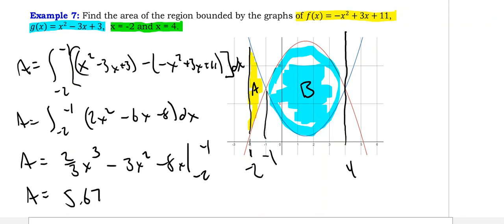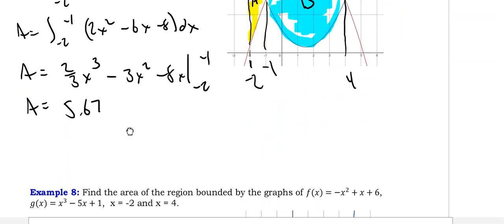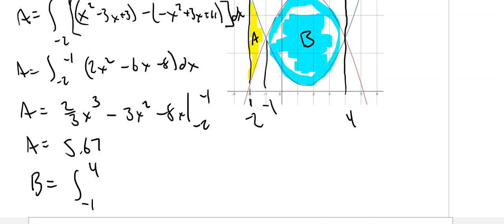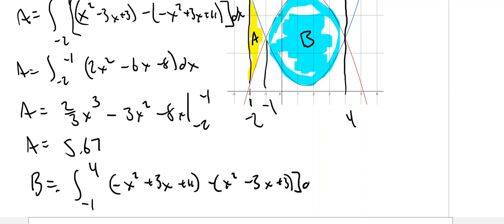Then area B, well, area B is going to go from -1 to 4, and that's just going to be just the opposite. We're going to be taking negative x squared plus 3x plus 11 and subtracting x squared minus 3x plus 3. And then that is all going to simplify to 8.